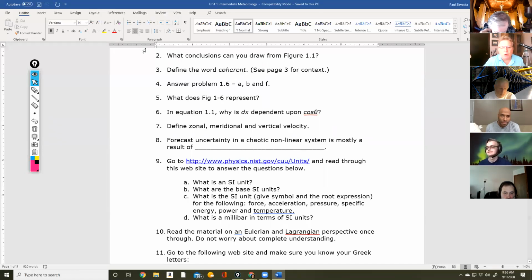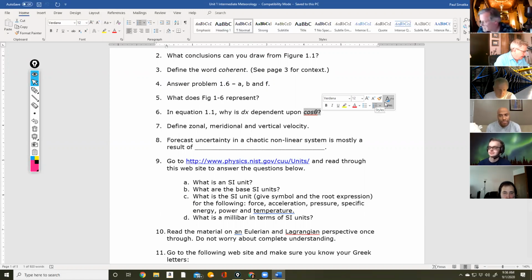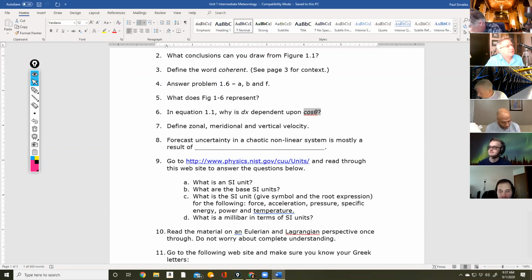Okay, so now the next one says, in equation 1.1, is dx dependent on cosine of theta. Let's nail down into here. You're on page 4 of the book, looking at the zonal velocity. Reading the zonal velocity, it says that u, and you need to know that u is the zonal wind.